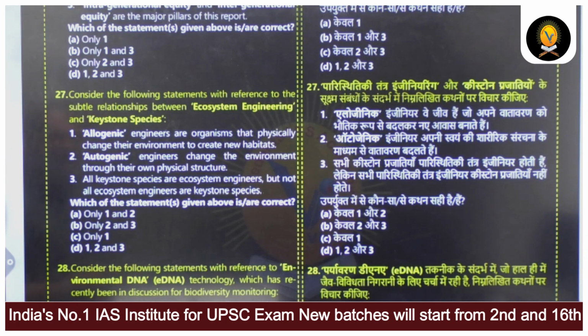It is correct. Autogenic engineers change the environment through their own physical structure. It is also correct. All keystone species are ecosystem engineers, but not all ecosystem engineers are keystone species. Wrong. So, only 1 and 2 are correct.